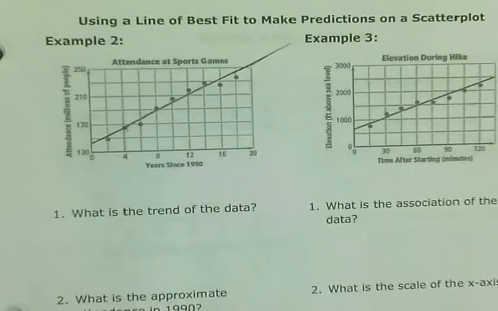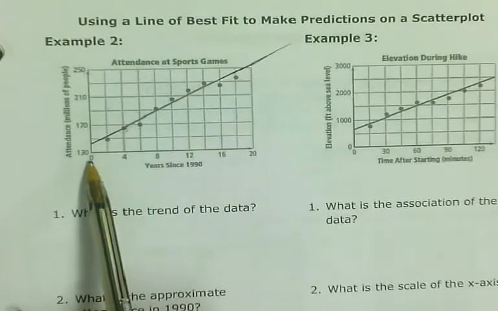Now, what is this graph talking about? Attendance at school. Okay, the number of people who are going to games, right? And what is the x-axis? Years since 1990. What does that mean? So this would be really 1990.